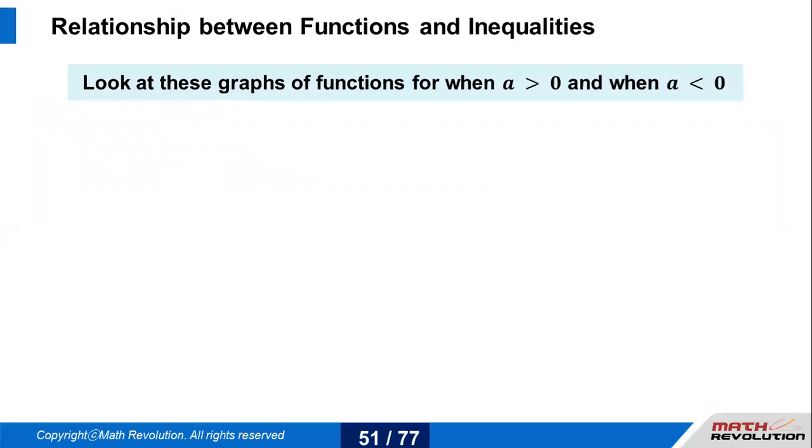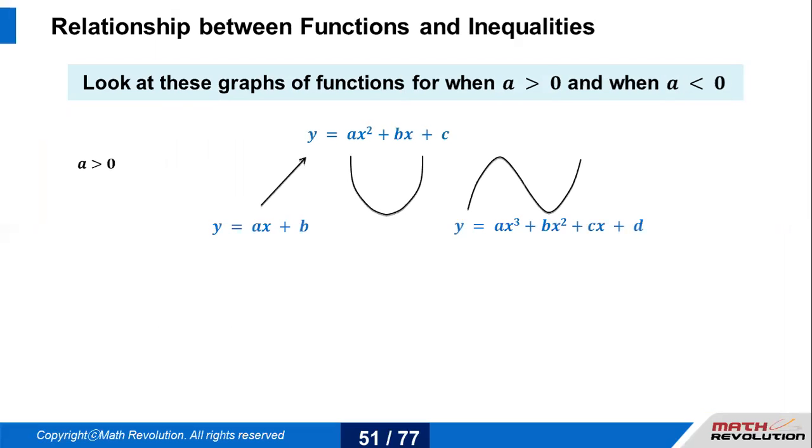Let's talk about the relationship between the functions and inequalities, and how the graph changes. If we have a linear equation, a quadratic equation, or a polynomial, maybe a cubic polynomial, then we always get it through whether a is greater than 0 or whether a is less than 0.